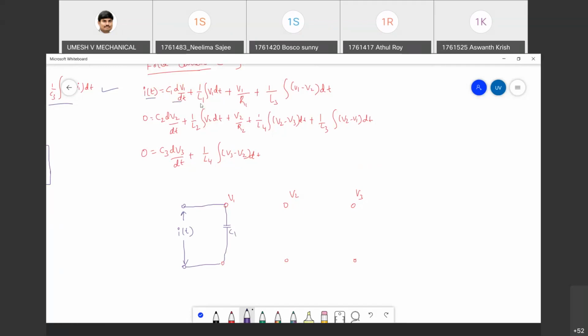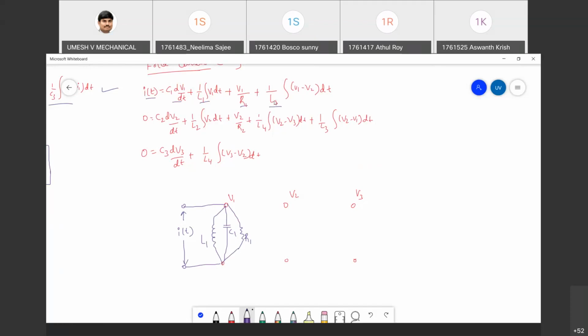Then L1 is connected to only V1. What is the symbol for L1? Inductor symbol. Then R1 is connected to only V1. What is the symbol for R1? This will be R1. Then the last term is L3 integral of V1 minus V2.